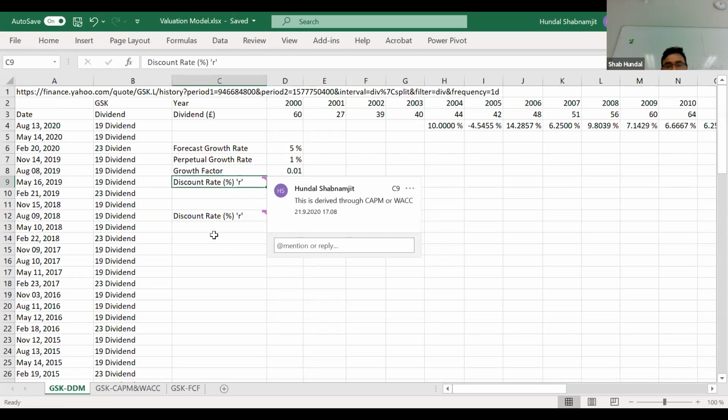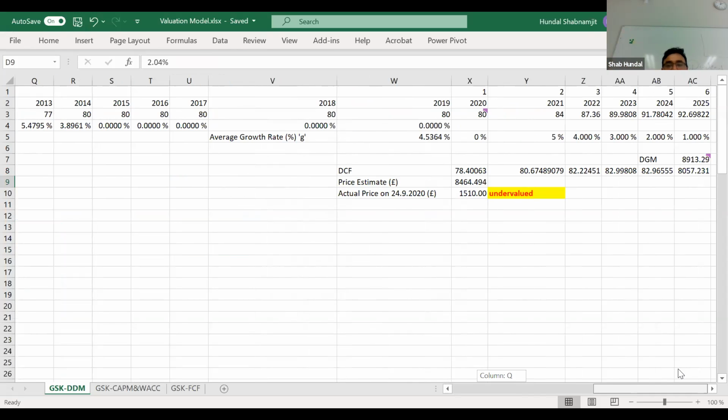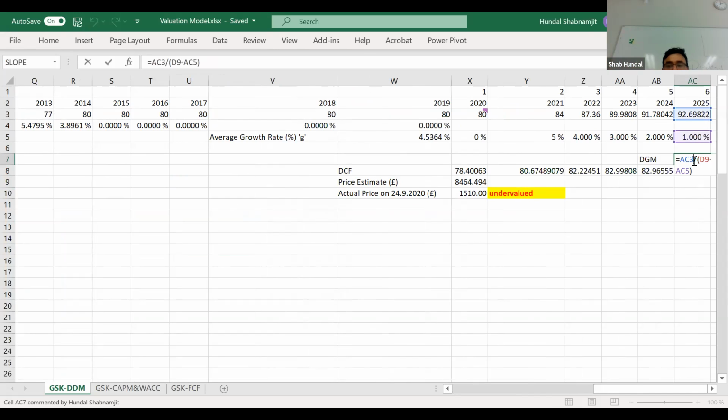Well, let's first talk about CAPM. So this comes from CAPM, yeah? When you look at this discount rate, 2.04, remember we have been using it here in the dividend discount formula. This is where we use the discount rate.